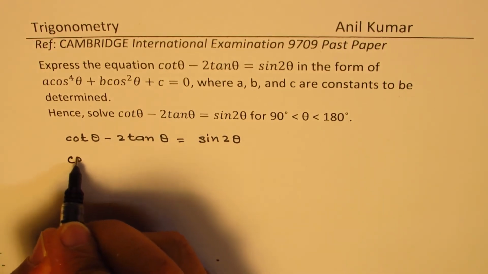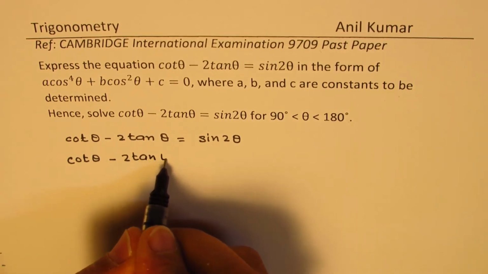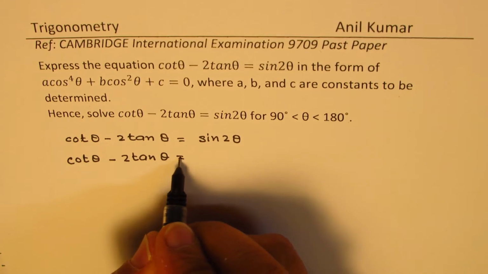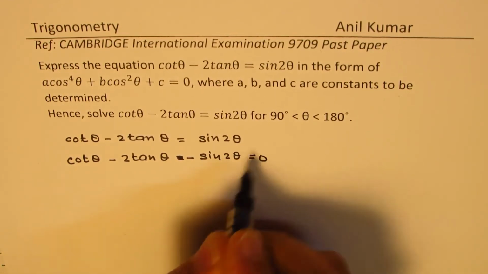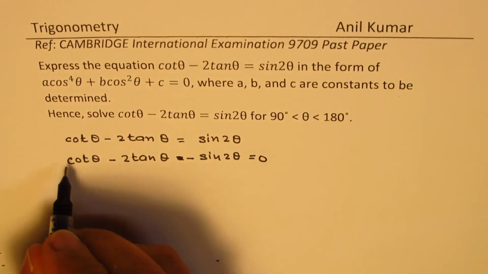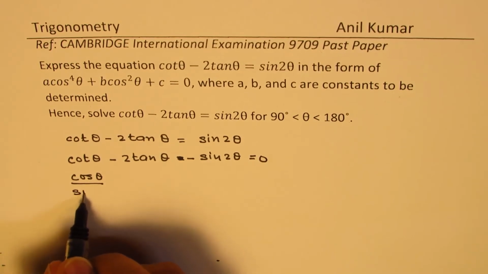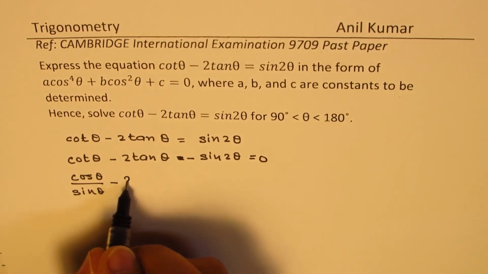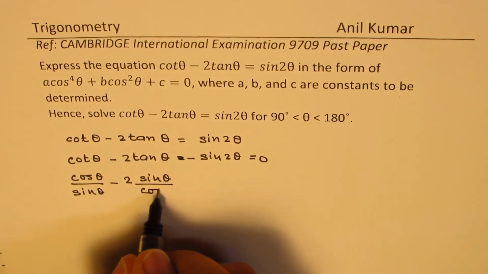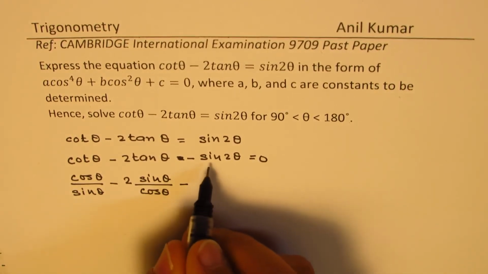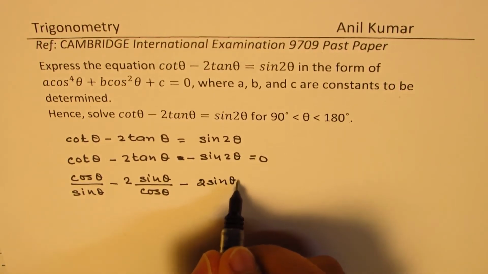So we could write this as cotangent theta minus 2 tan theta minus sine 2 theta equals 0. Writing cos over sine for cotangent, we get cos theta over sine theta minus 2 times sine theta over cos theta minus sine 2 theta, which can be written as 2 sine theta cos theta, correct?